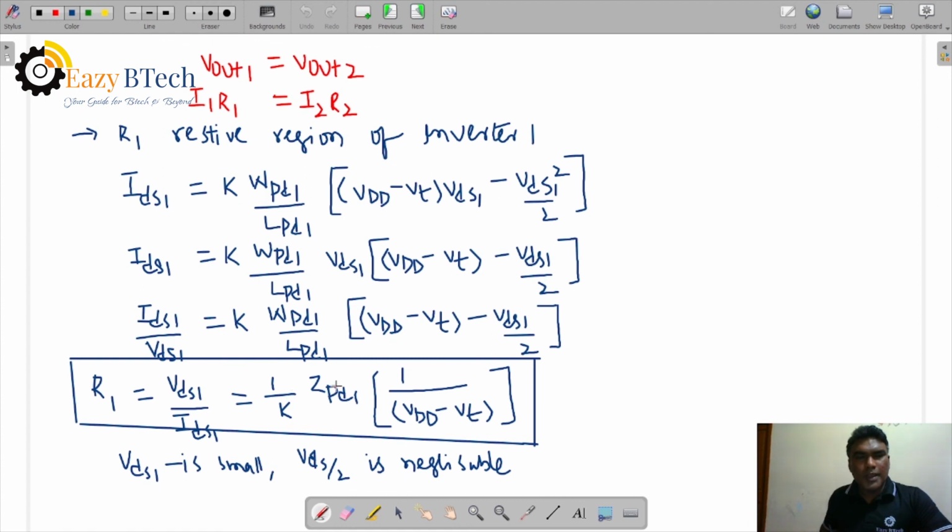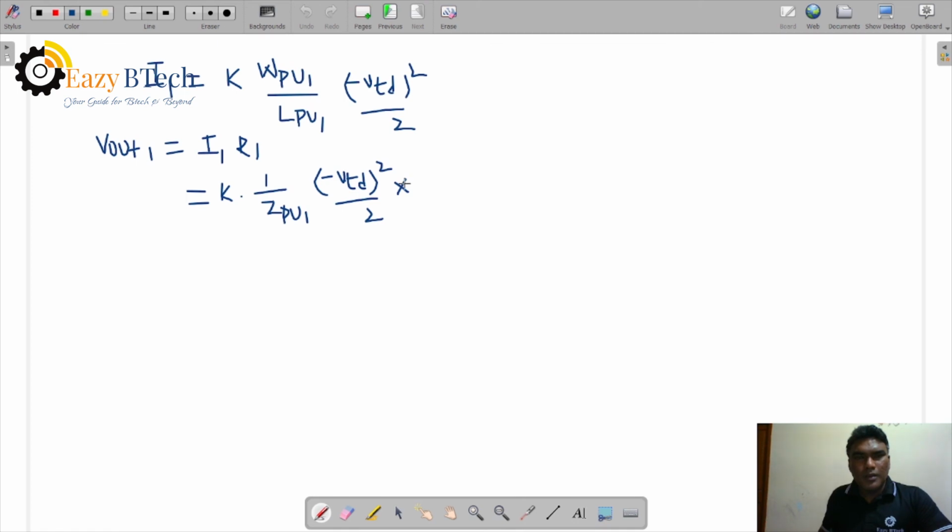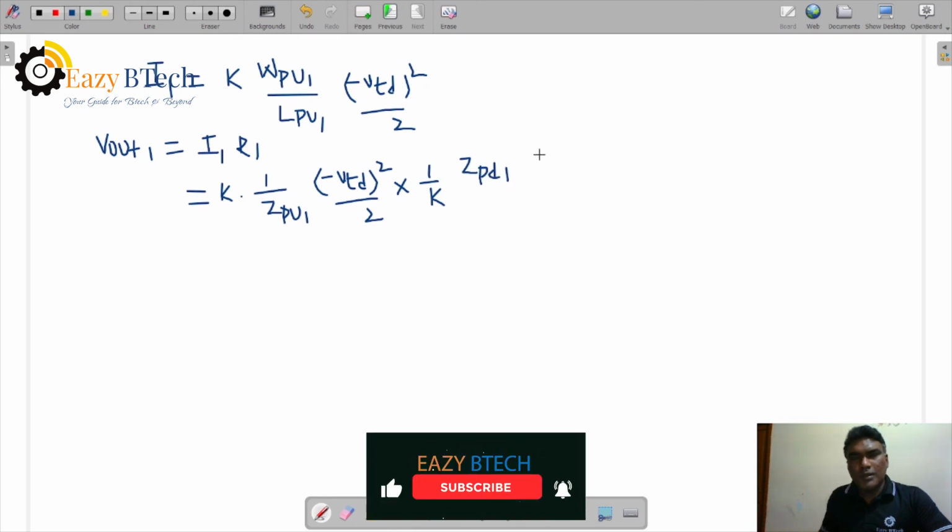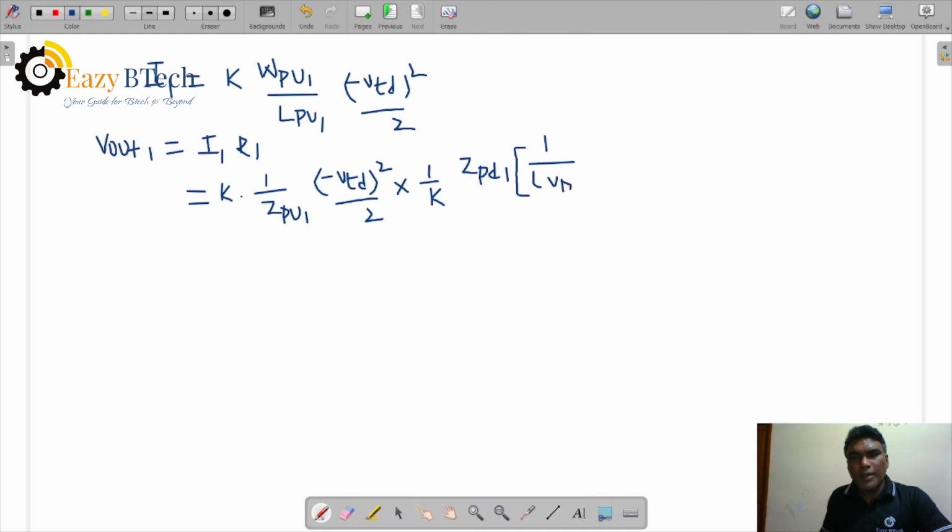R1 is 1 by K, Z pull down 1 by VDD minus VT. 1 by K, it is Z pull down 1, into 1 by VDD minus VT. Now this K and that K will be cancelled out.